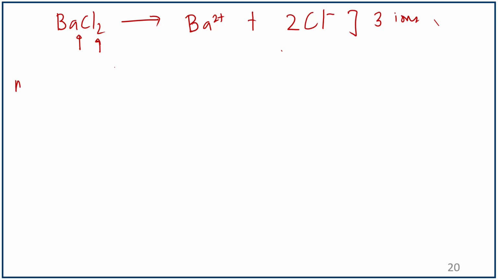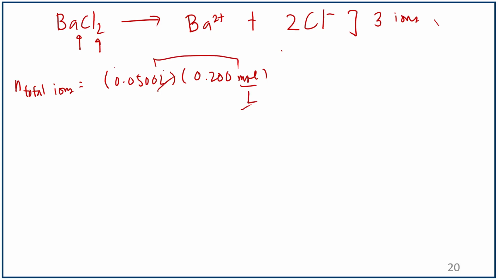Again, the number of moles of total ions should just be 0.0500 liters times the molarity 0.200 moles per liter. This term gives you the number of moles of barium chloride.